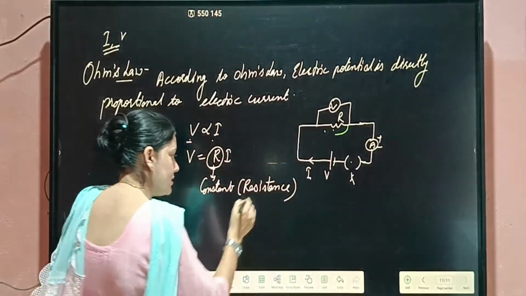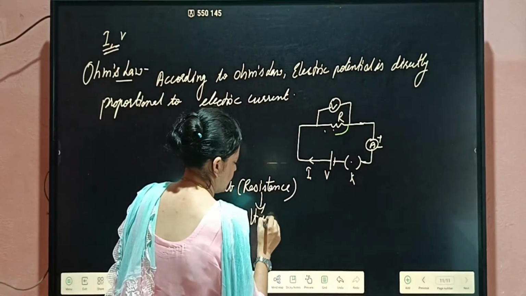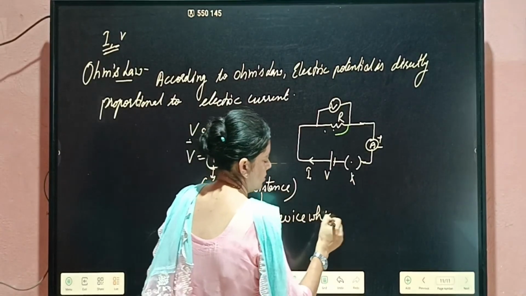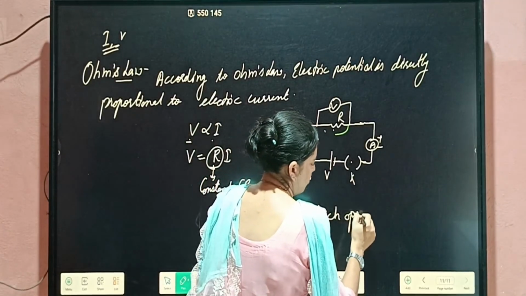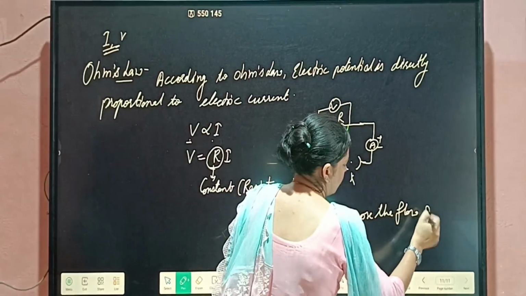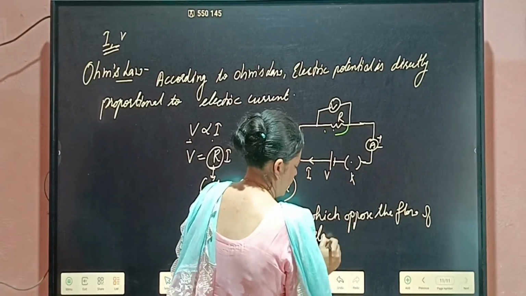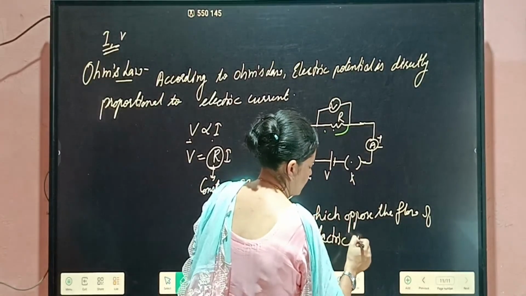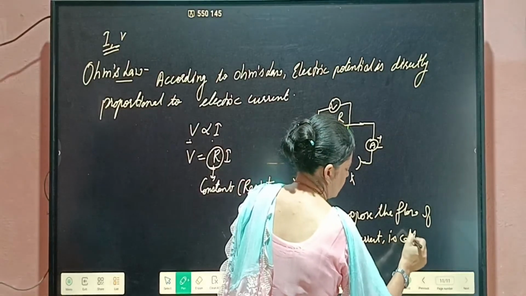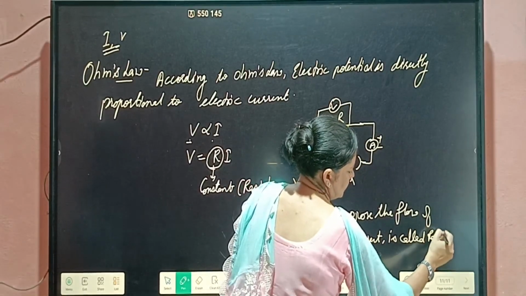So what is resistance? It is a device which opposes the flow of electric current, is called resistance.